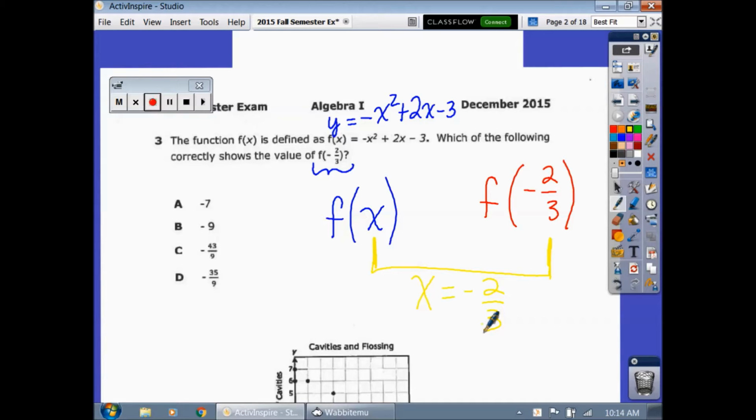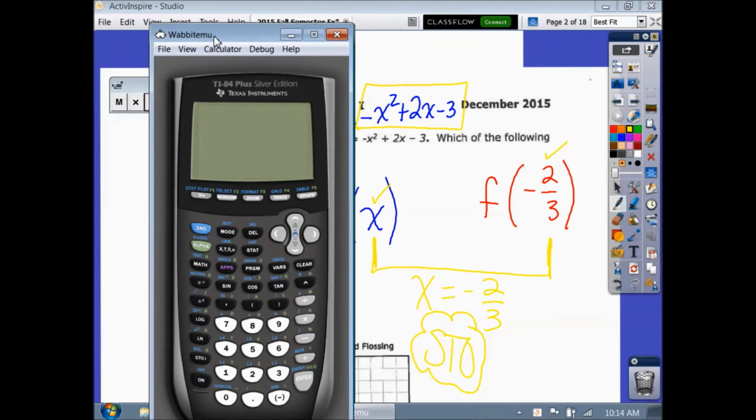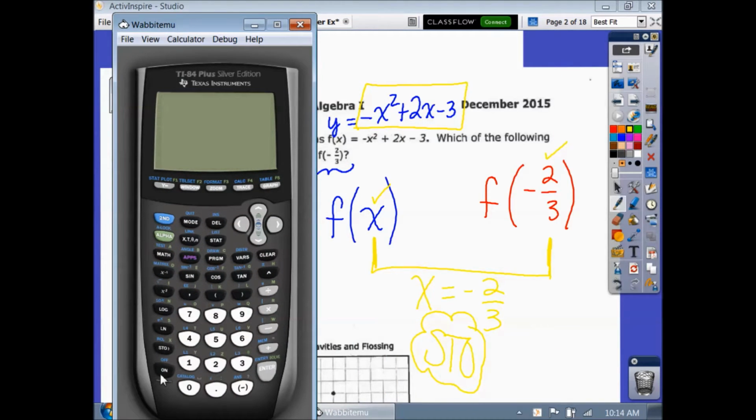So to do this, we're going to use the STO function in the calculator. What STO does is it will replace x with negative 2/3, and then we can type this equation in and it will automatically do the math for us. Check this out. So here we go. You're going to turn this on, hopefully. So start with alpha. We're going to hit the F1.